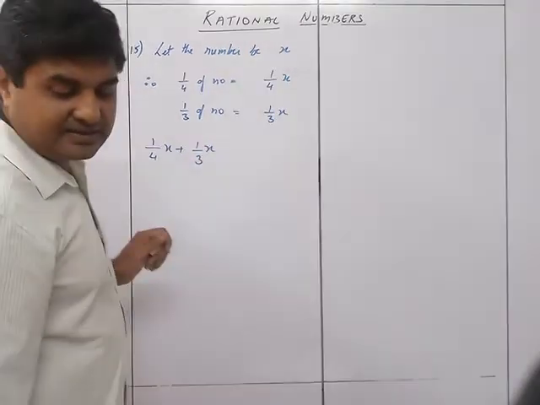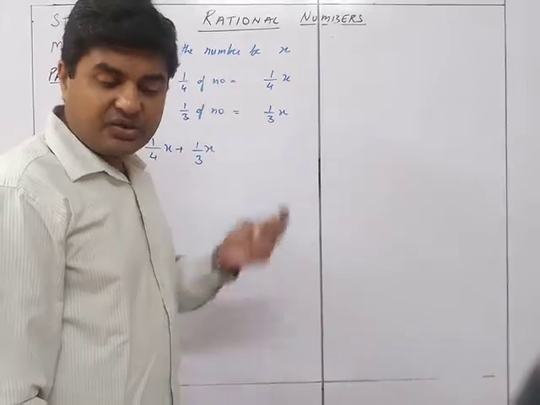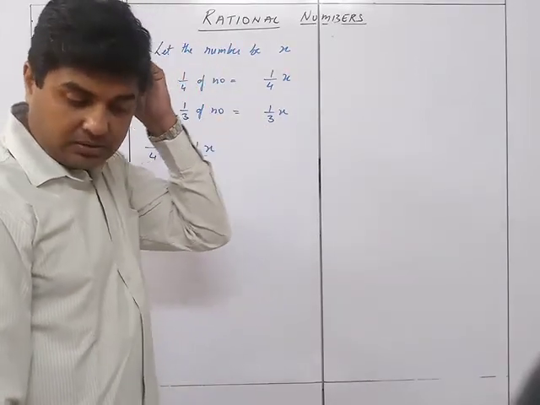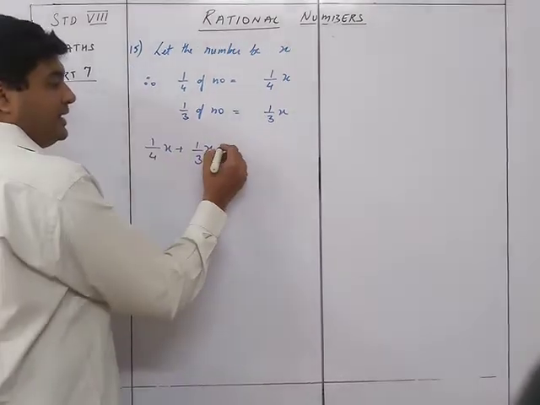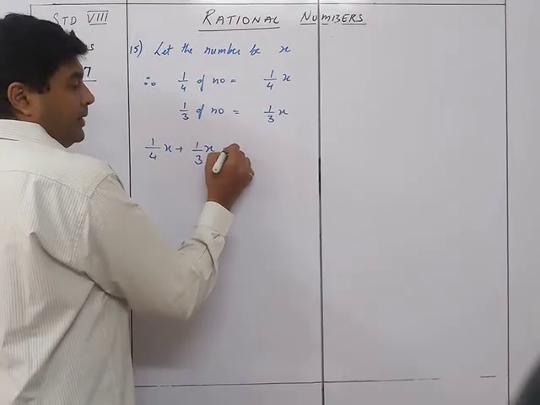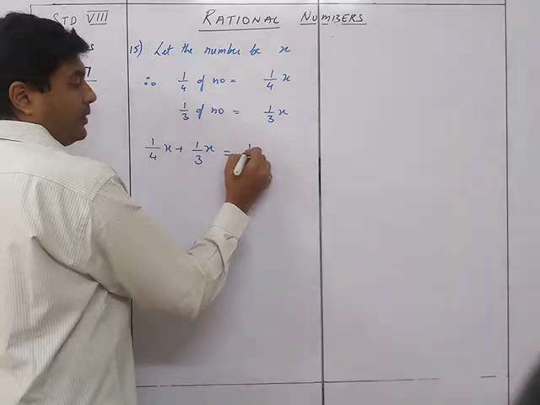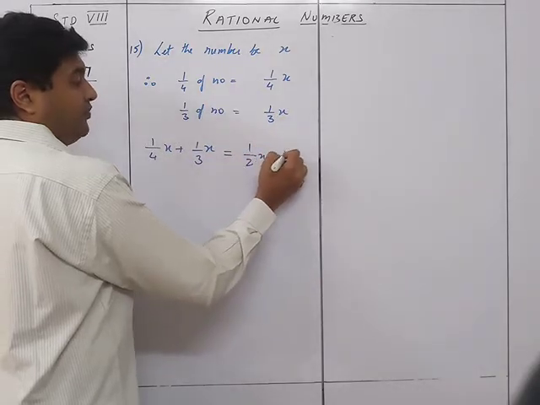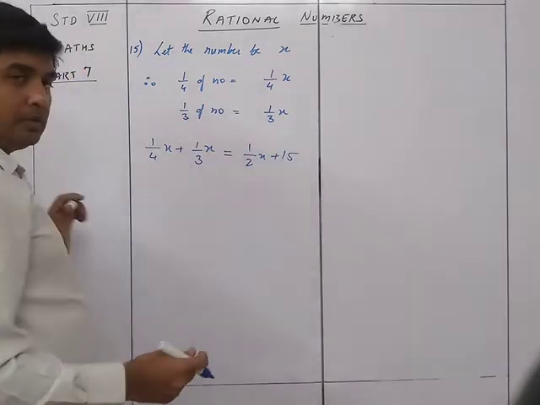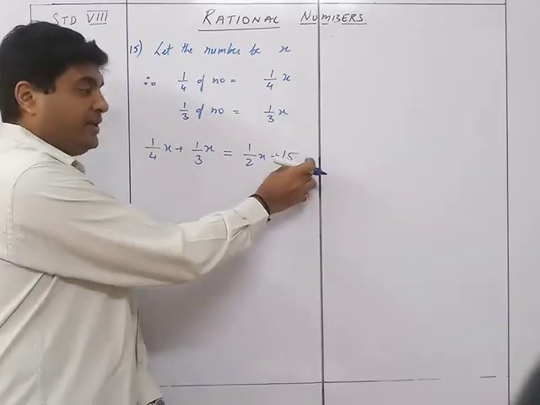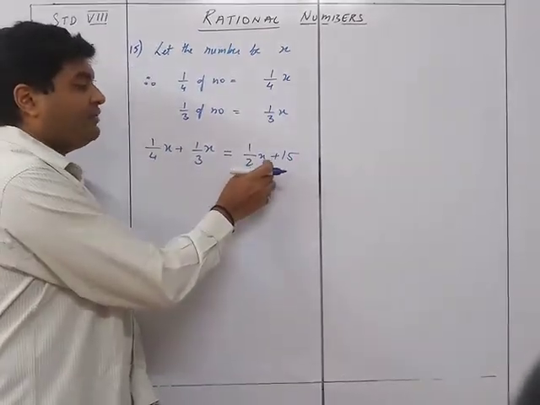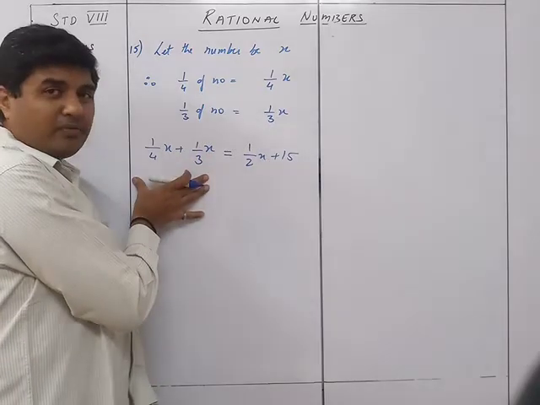Now they say that the result is 15 greater than half of that number. So this sum is greater, and automatically I can say it is equal to half of the number plus 15. This thing is bigger by 15, so if I add half of the number to 15, I get this sum.